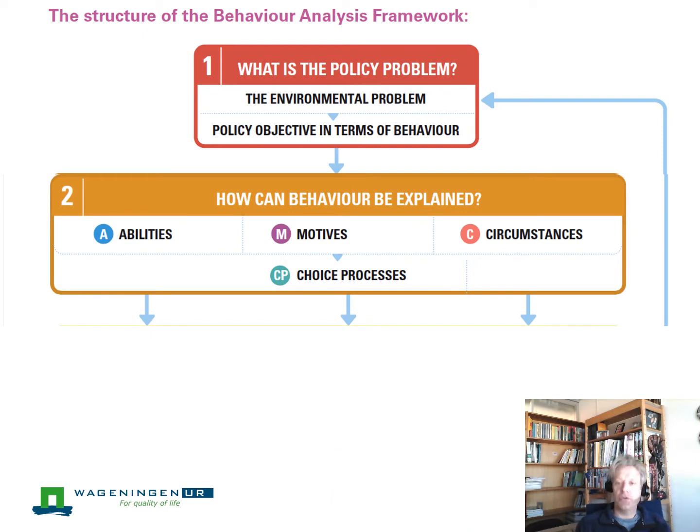Let's stick to the changing of diets towards more plant protein, as opposed to animal protein, as a contribution to reducing CO2 emissions, perhaps, or to improve animal well-being. There might be different motives for doing this, or maybe having healthier lifestyles associated with that.